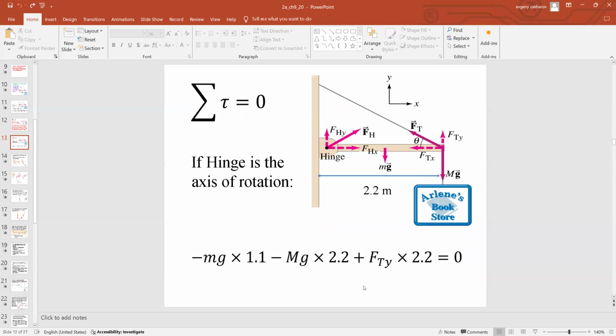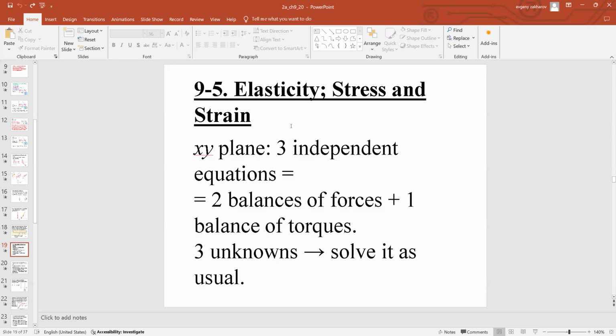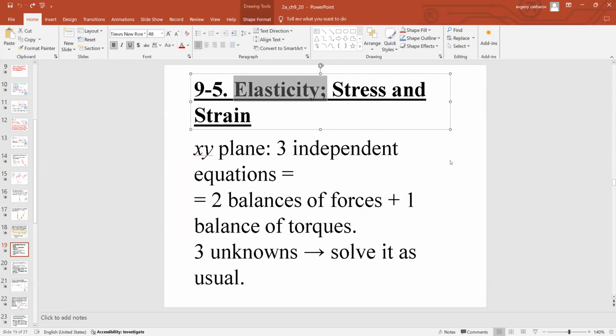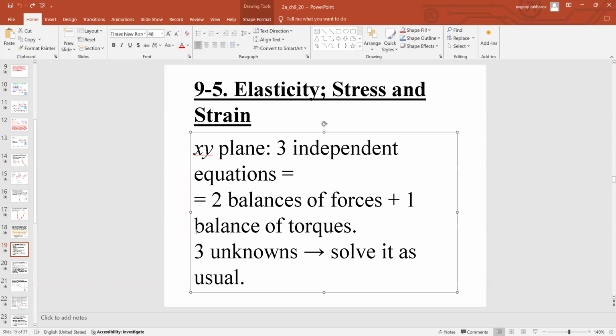And if you have 3 equations, let's say you have 4 unknowns, then you only need 1 more equation to close the system. And that last equation can be obtained from elasticity. The elasticity parameters, if you know specific materials that are included in the system, you can try to get the 4th equation that will close your system, and you can solve it after that.